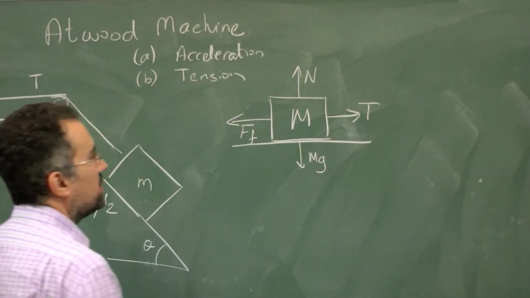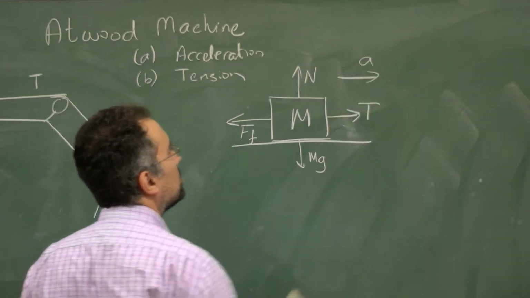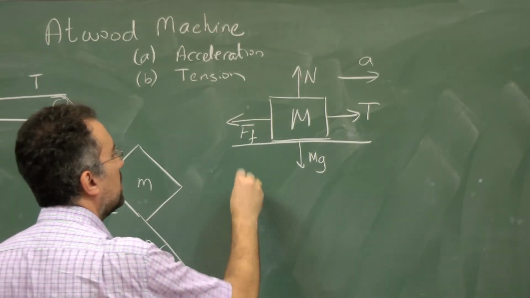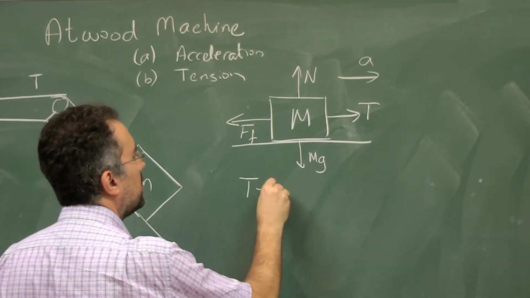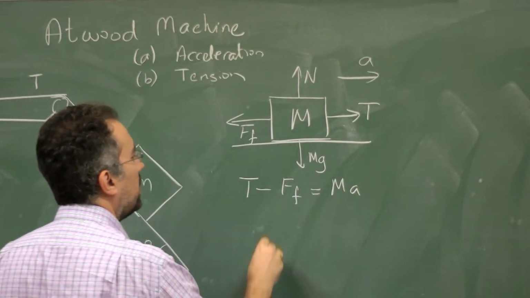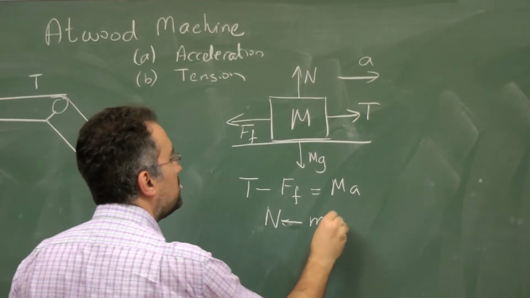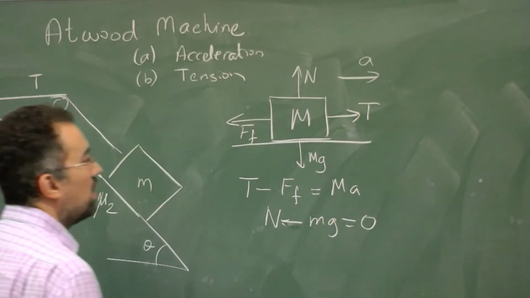OK? I get two equations. So I have, well, it's going to accelerate to the right, which means T minus the force of friction equals Ma, and N equals, no, I say N minus mg equals 0.